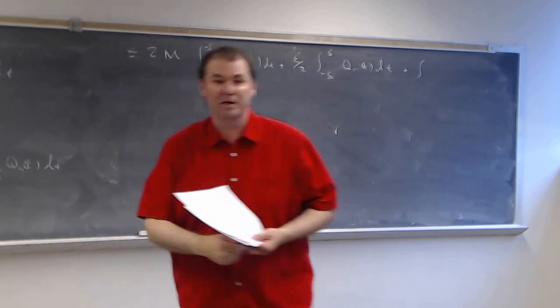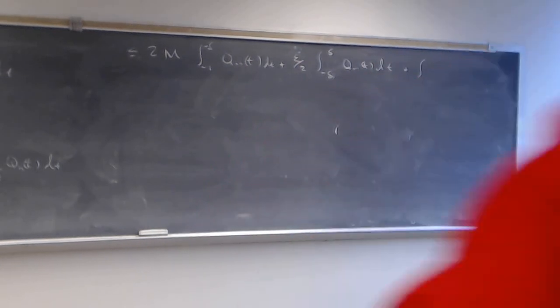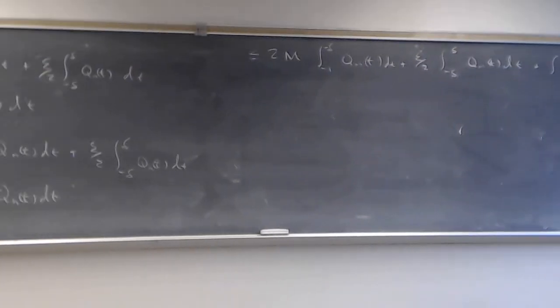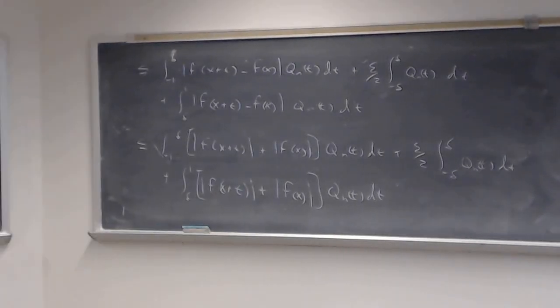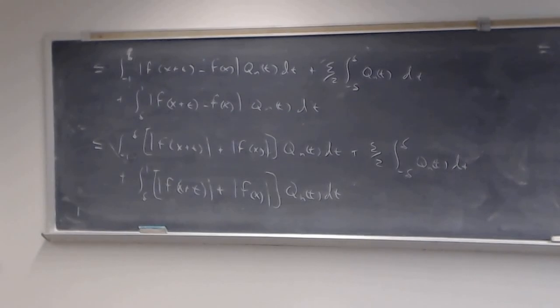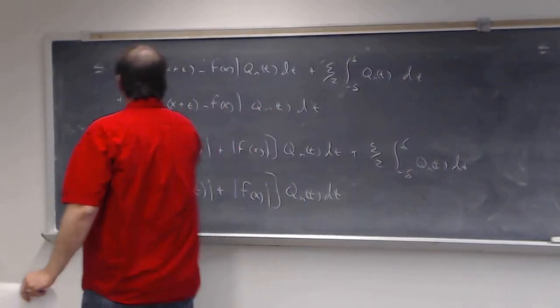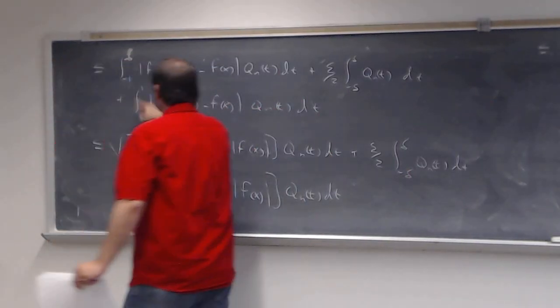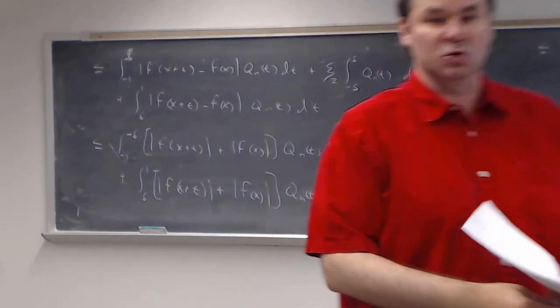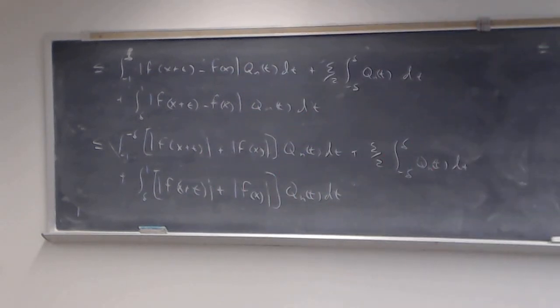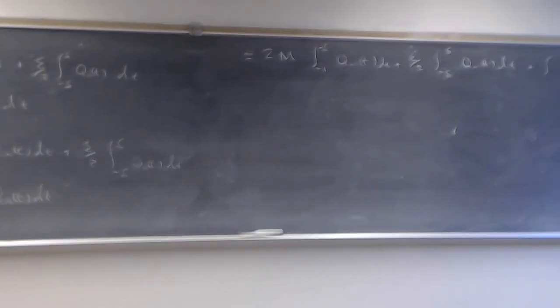Now, I made it in the previous line too. Let me go back. Sorry. Right here. This should have been minus delta here and here. So those were typos. Make those corrections. Sorry.